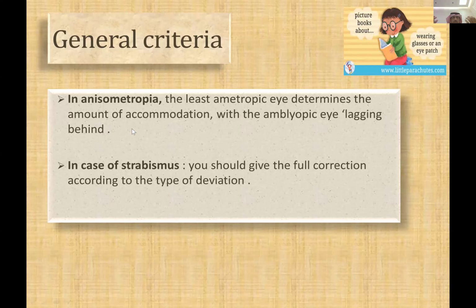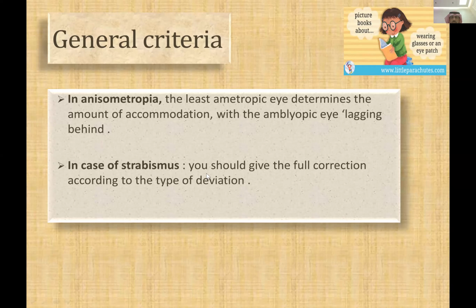So for example, the eye will accommodate 2 diopters to see 20/20 and bring the ametropia to emmetropia, so it will be plano. The other eye also will accommodate 2 diopters, so it will become +3. But that eye, which is going to be amblyopic, cannot accommodate more, so it will not be able to see well. So this principle should be taken into consideration when you want to prescribe glasses.